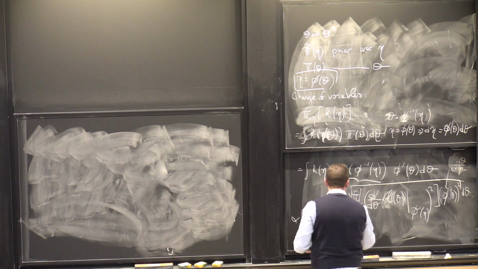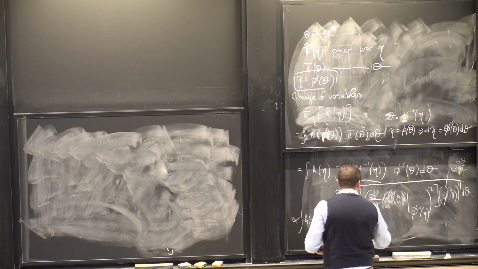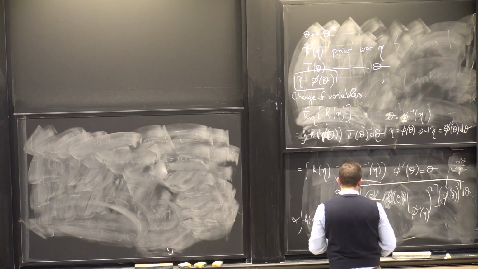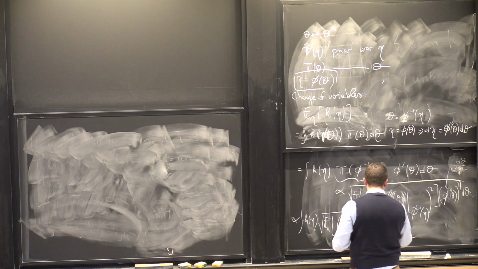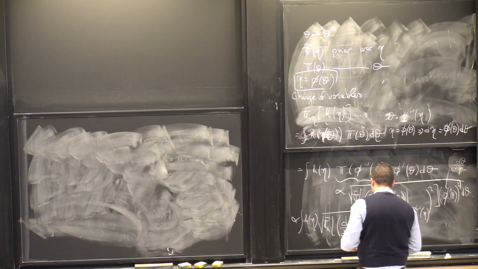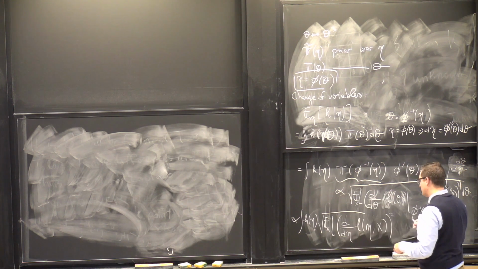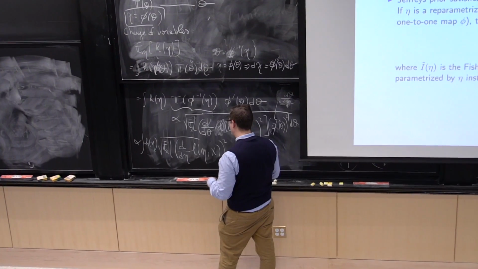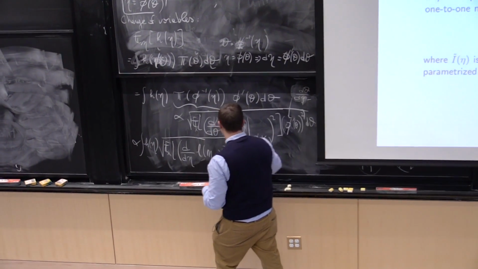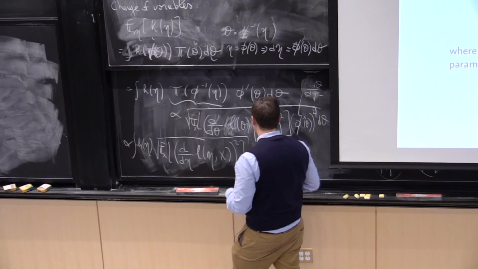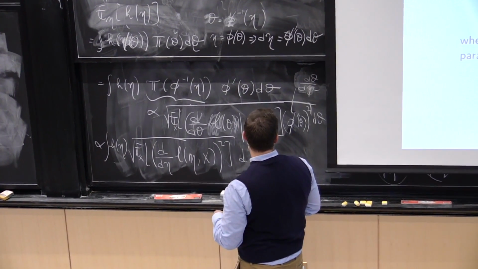So that's just d over d eta of log L of eta, x, and then this guy is now becoming d eta, right?